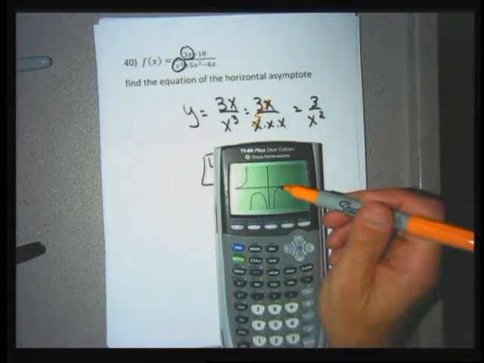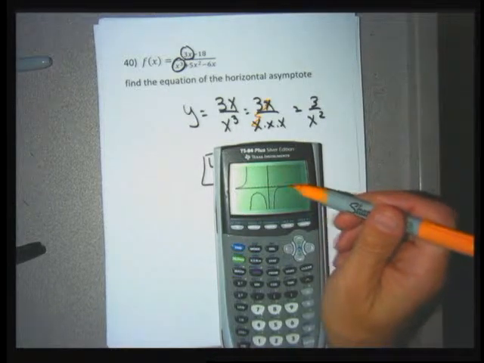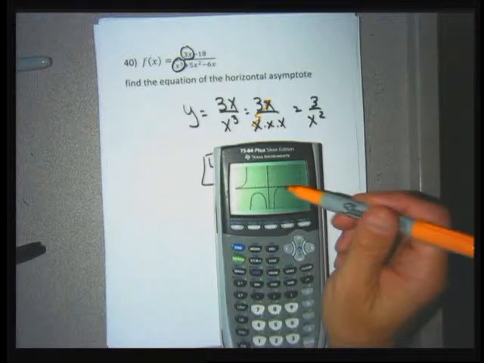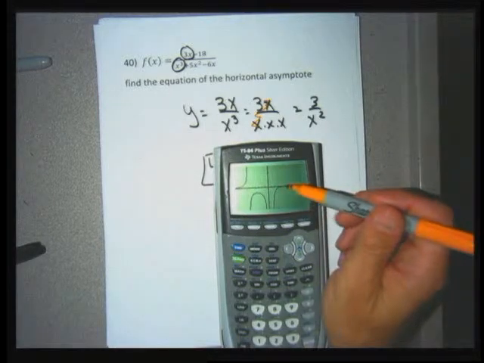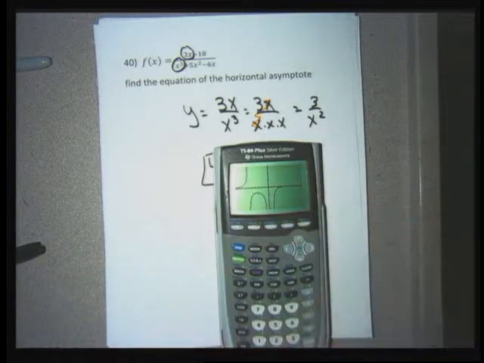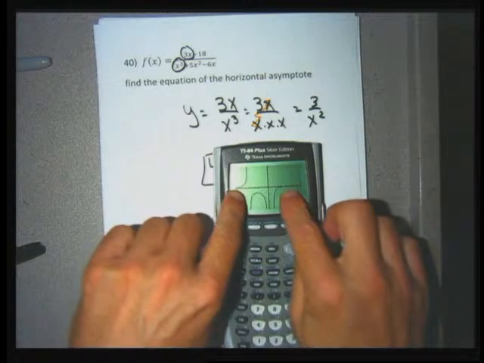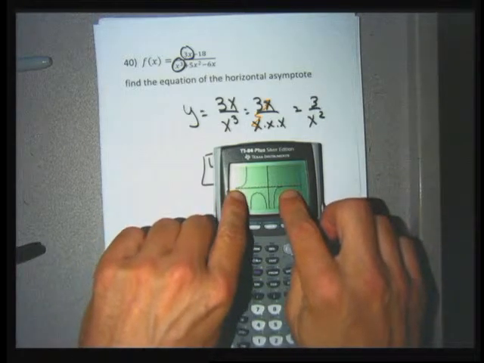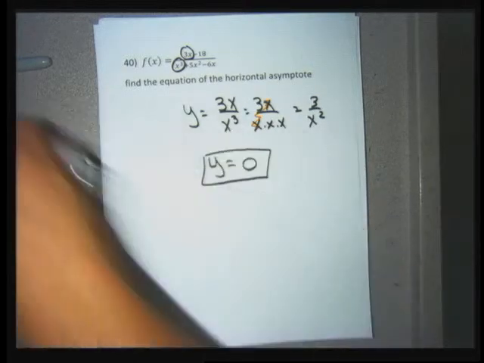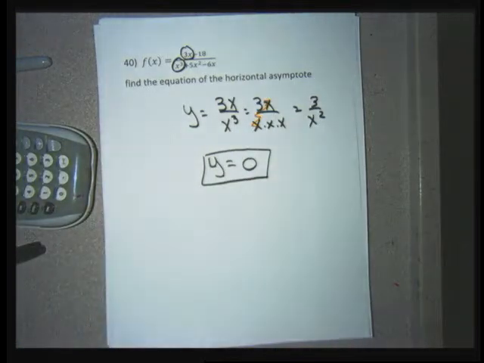My calculator sometimes makes graphs of fractions look like they stop, but they don't. The problem is when the graph is so close to the axis that it's kind of just drawing the graph on top of the axis, and you can't see that it actually goes on forever. But the x-axis is the horizontal line that this graph is drawn to, and that's the equation y equals 0.